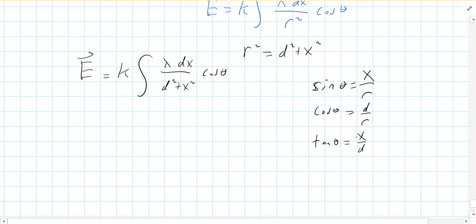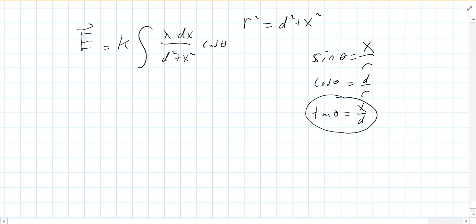You could use any of those, but it turns out that tangent is actually the easiest one to use, because if you use r, that's a problem because that's got x squared and d squared in it, and that's kind of a pain. So we're going to use tangent of theta, and I'm going to get x by itself. So x equals d tangent of the angle.